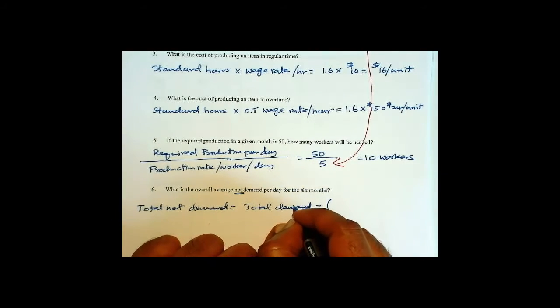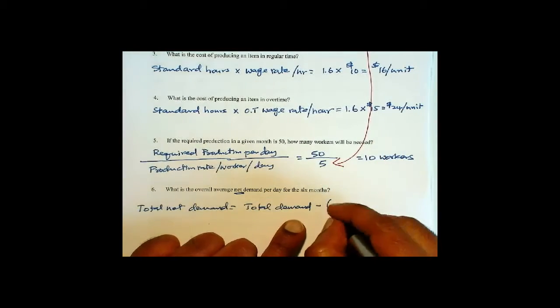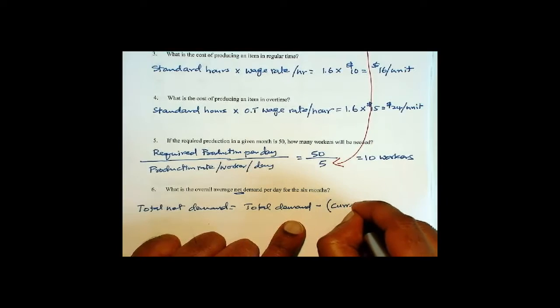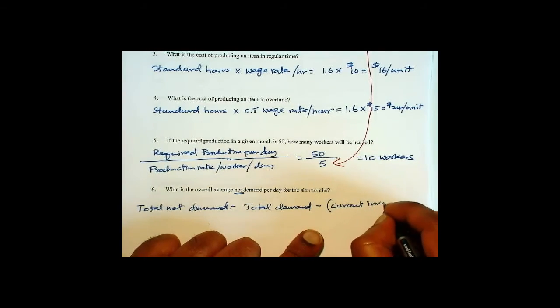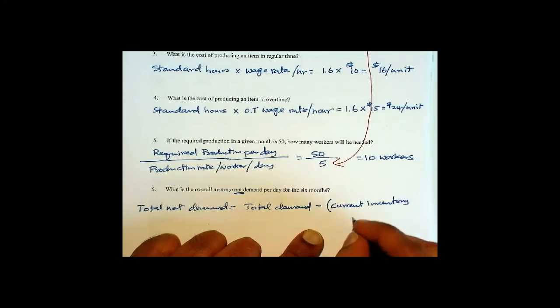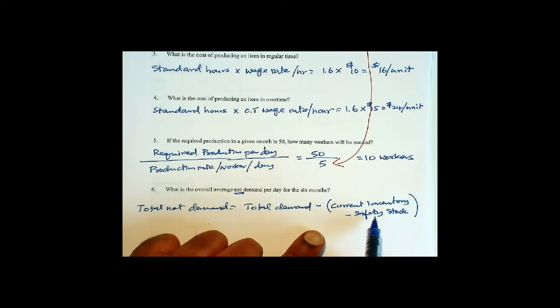So the entire demand need not be produced. So minus current inventory, but some of this current inventory will have to be set aside for safety stock. So the net is what we have to produce. Sometimes if the current inventory is not sufficient to meet the safety stock, this will be a negative number, so the negative will get added to your total demand.